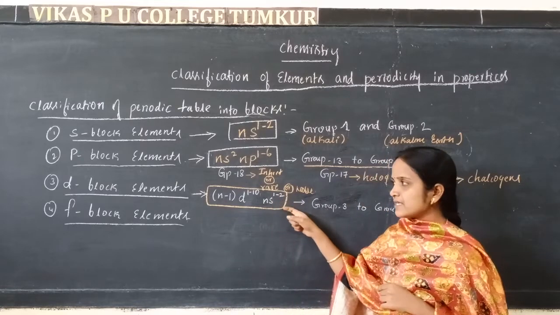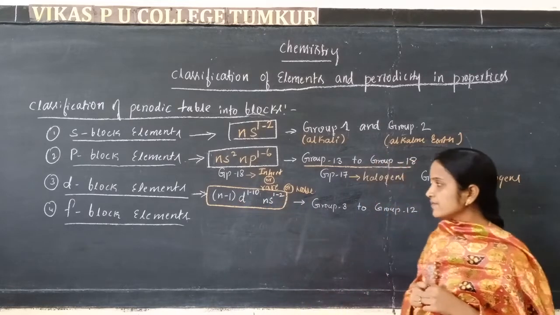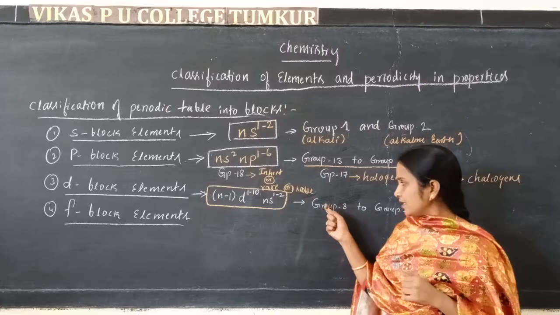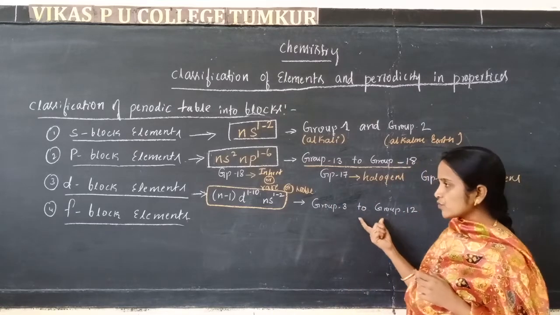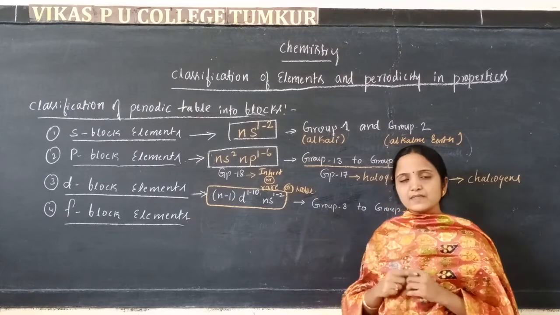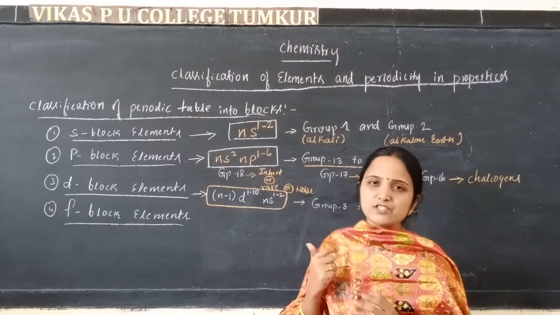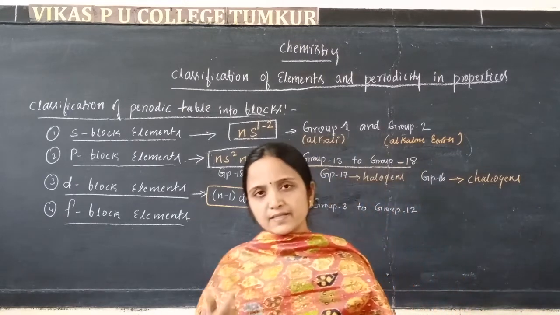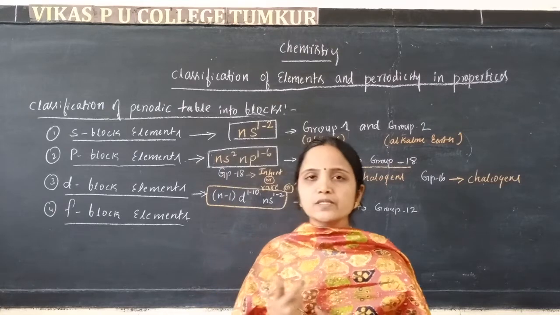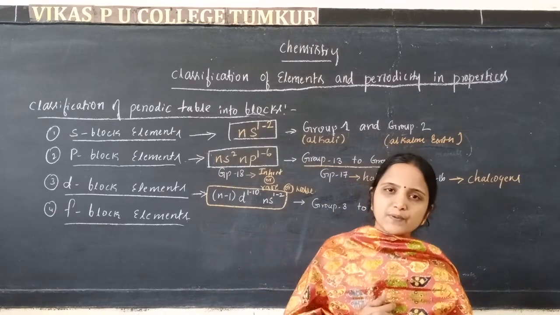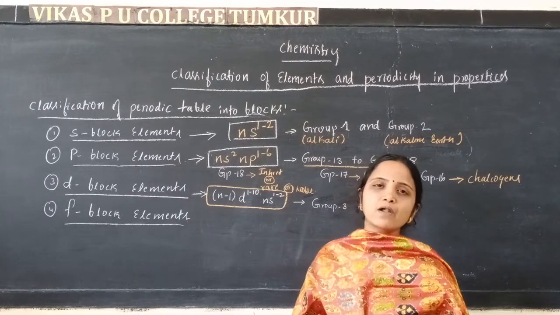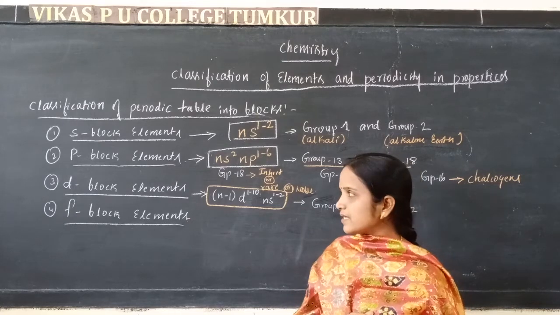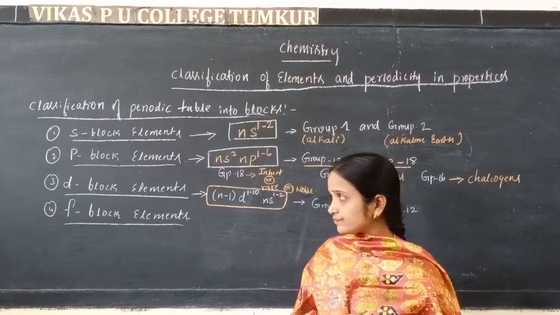Group 3 to group 12 elements belong to the d block. We call these transition elements, because the metallic property gradually changes to non-metallic property along the period.